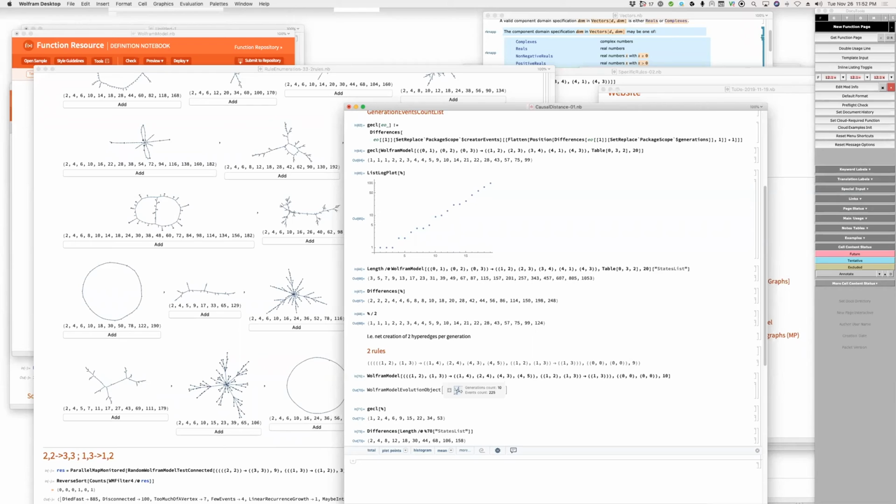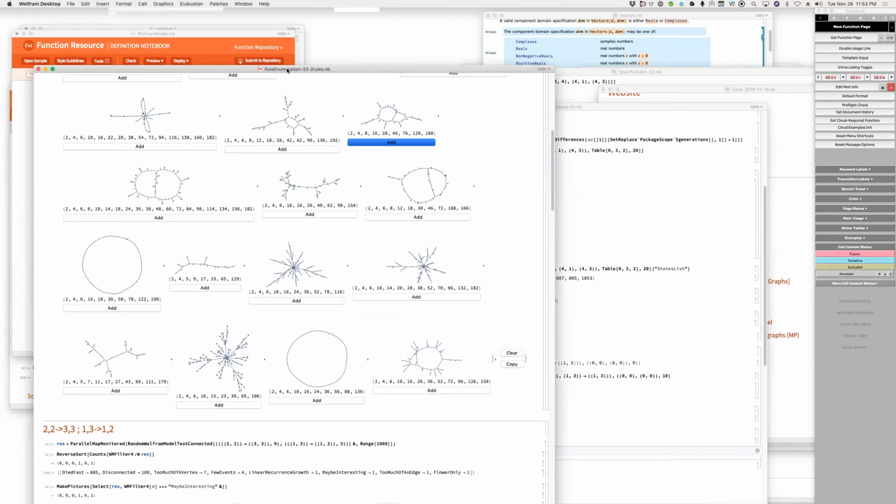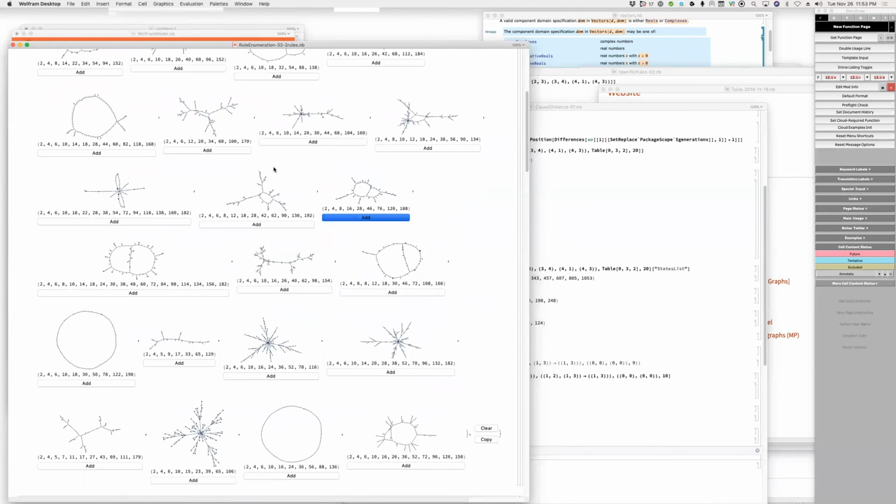Well, that's a little different, I think. Oh, no, it isn't. It's identical. So probably one rule doesn't get used there. Okay, let's see. Can you show the rules again?